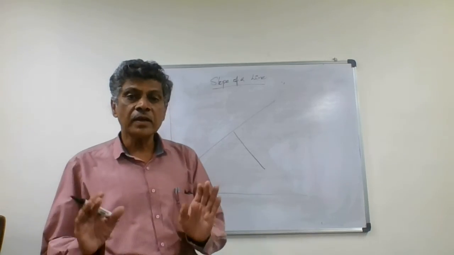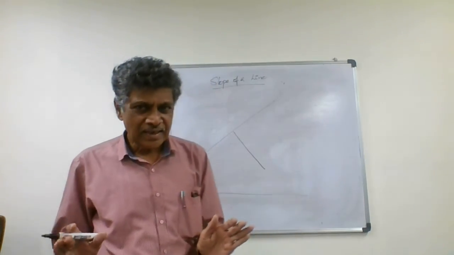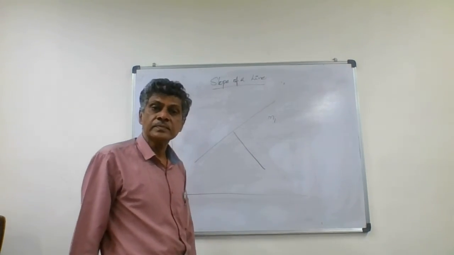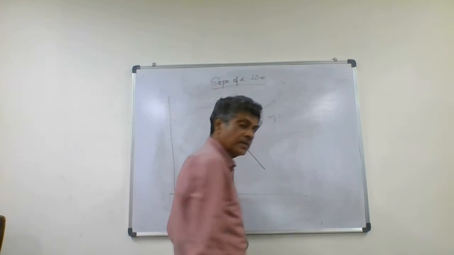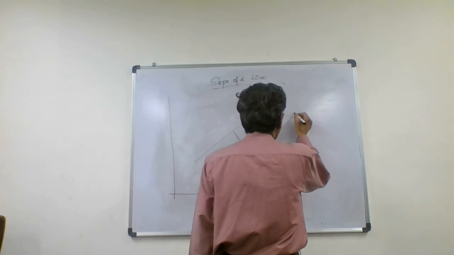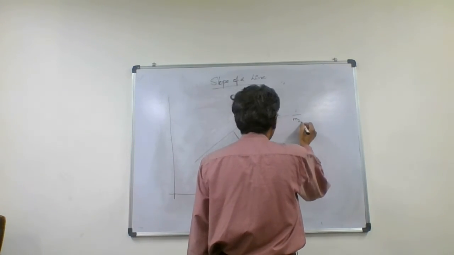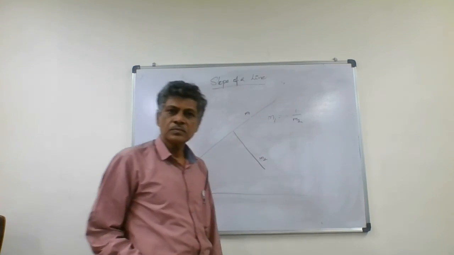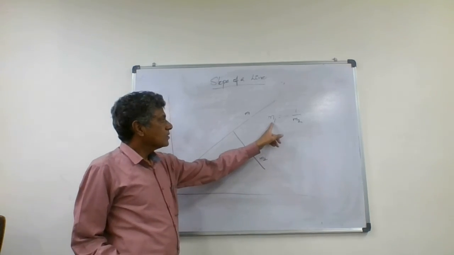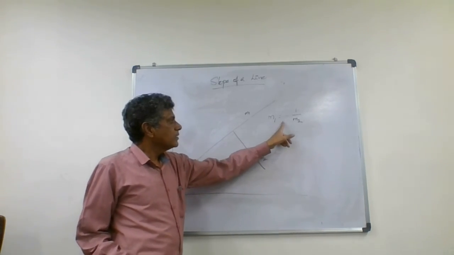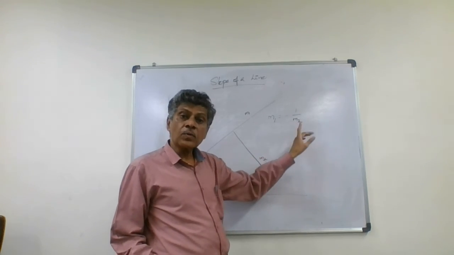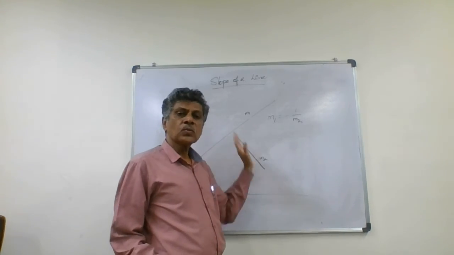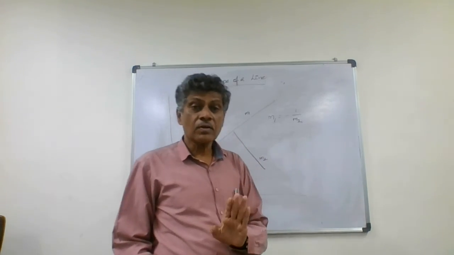And you will find a very curious relationship that the slope of the first line m1 will be equal to minus 1 by m2. This line is m1, this line is m2. The slope of the first line m1 will be equal to the negative reciprocal of the second line. If this relationship holds true, then these two lines are perpendicular to one another.